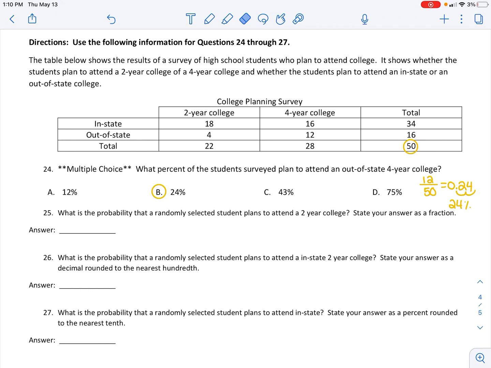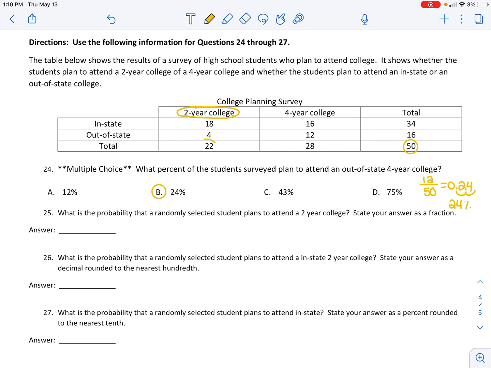For the next one, it says, what is the probability that a randomly selected student plans to attend a 2-year college? And it says, state your answer as a fraction. So this time we're only looking at students who plan to attend a 2-year college. So we're not looking at whether they're in-state or out-of-state.